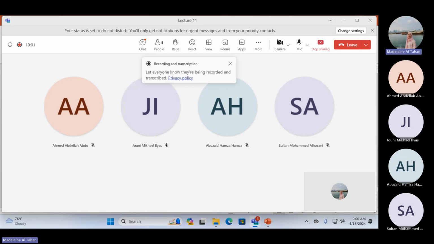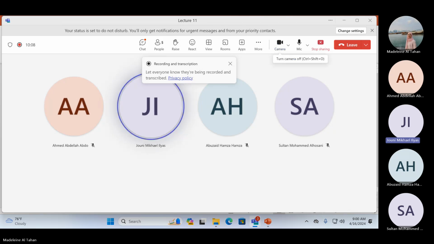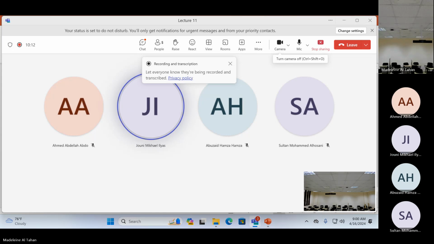Okay, perfect. So, how's the situation at your home? For me, there's no rain, but it's really dark outside. I need to open the lights to be able to see anything. Okay, Abu Said, Sultan, and Ahmad, how's the situation? By the way, this is our classroom. Hi, so you're at uni?